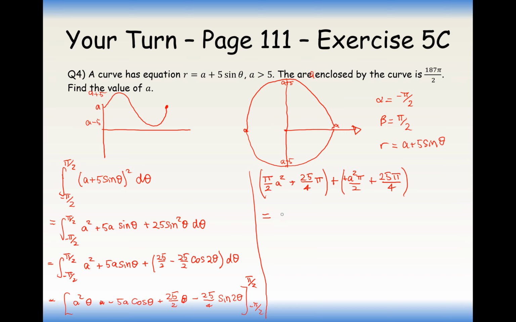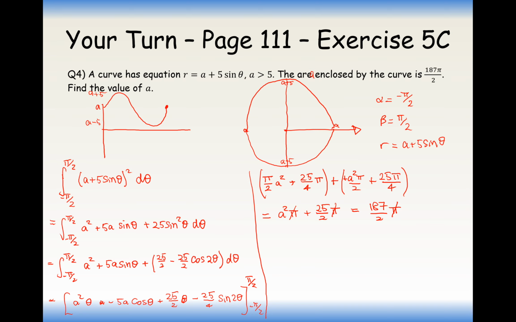So when we add this all together, it's going to be a squared pi plus 25 over 2 pi. And this is apparently going to equal 187 over 2 pi. And the question is now to work out a, so let's just get rid of the pi's from all sides.